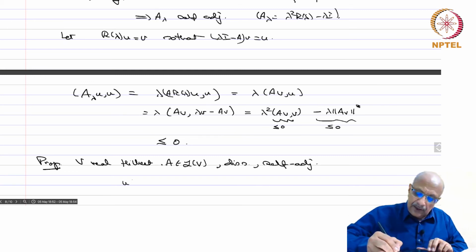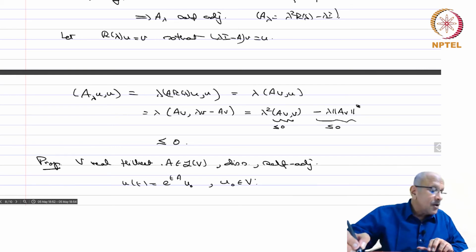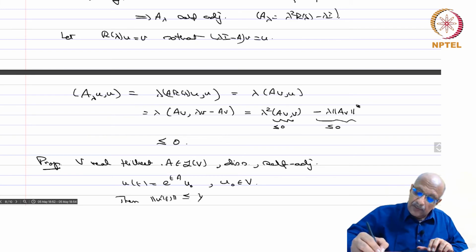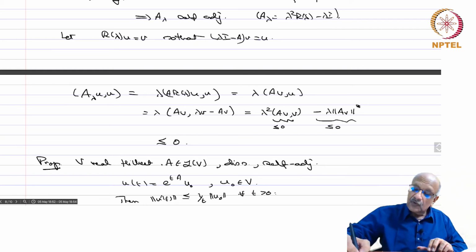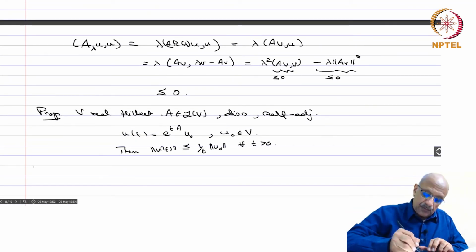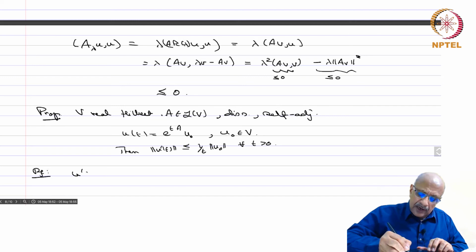Okay. So u of t equals e power tA u naught in V. So then the norm of u dash t is less than or equal to 1 by t times the norm of u naught for all t greater than 0. So we have an estimate for the norm of the derivative. Okay, so proof. So you have u dash tau equals A of u tau and u of 0 equals u naught.